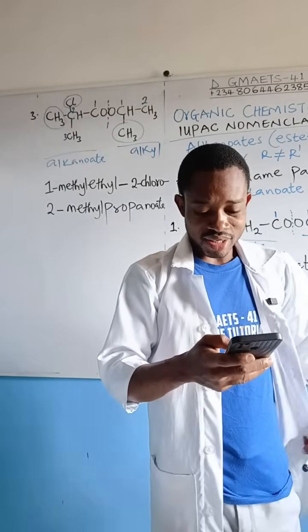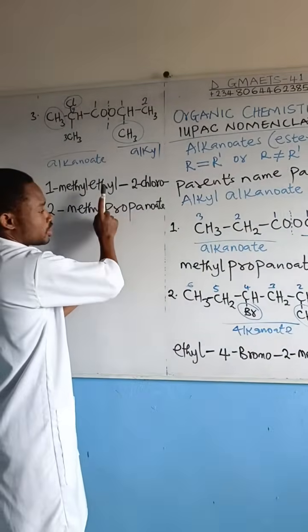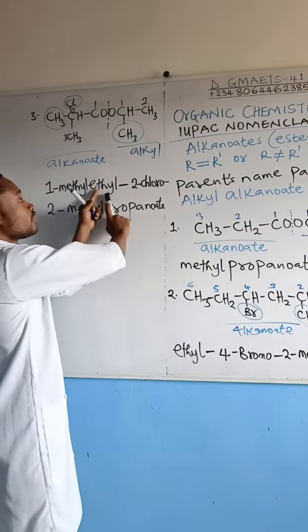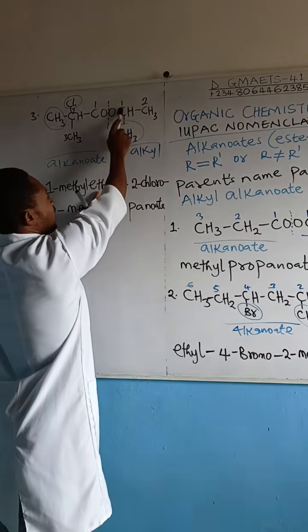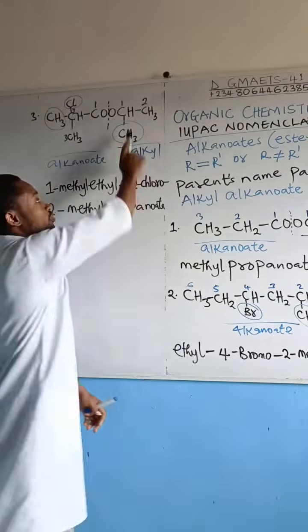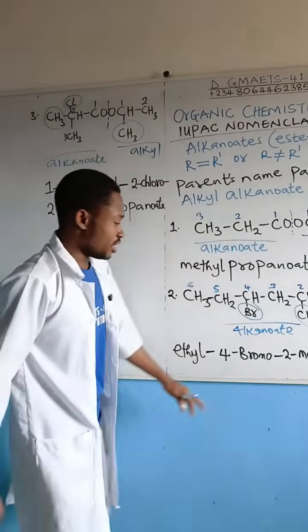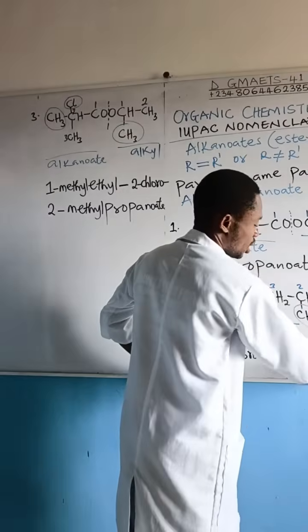Izuchukwu, how did the ethyl come about? The ethyl here, if you're asking a question based on this, is it based on this number 3? If it is, the ethyl is based on the fact that you have 2 carbon atoms here in the alkyl part. If it is this ethyl you are talking about, it is because on this right-hand side, the alkyl part, you have 2 carbons.